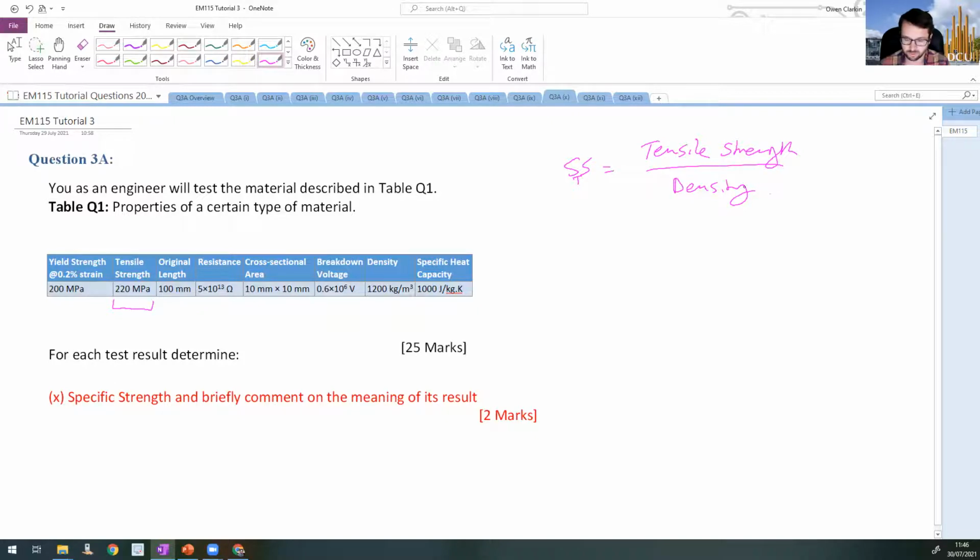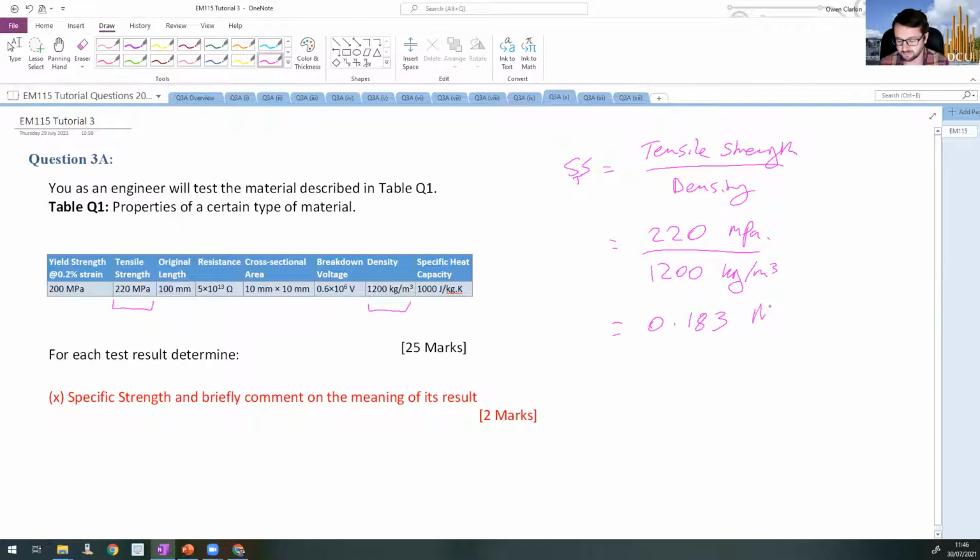So we can take our 220 megapascals divided by our density, which is 1200 kilograms per meter cubed. And if we calculate that out, it'll give us 0.183.